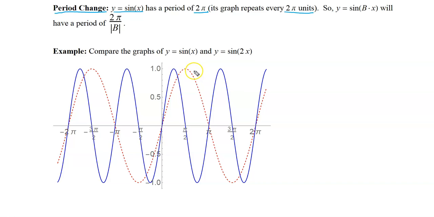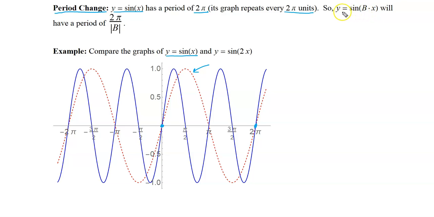For example, down here, the red dotted graph right here, that is the graph of y equals sine x. Now you notice when we start at the origin, when x is 0, if we go 2 pi units, the graph will start repeating again. So sine x repeats every 2 pi units, and we call that its period.